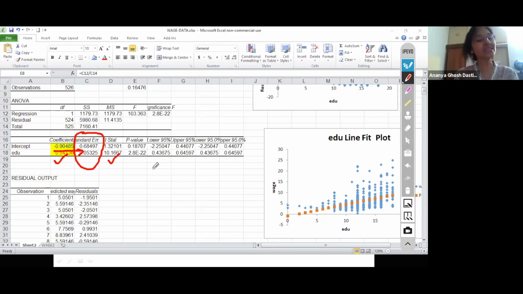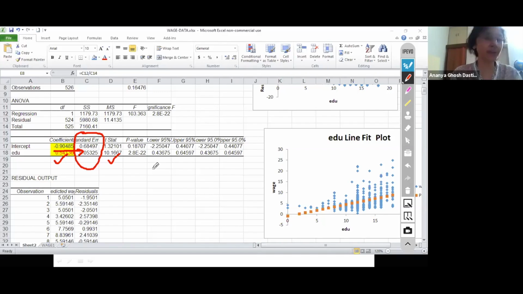Sigma is the error standard deviation, sigma square is the error variance. Sigma hat square is the residual variance, which is used to estimate the error variance, and sigma hat is the standard error.